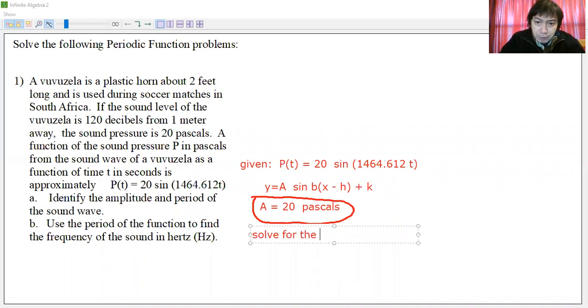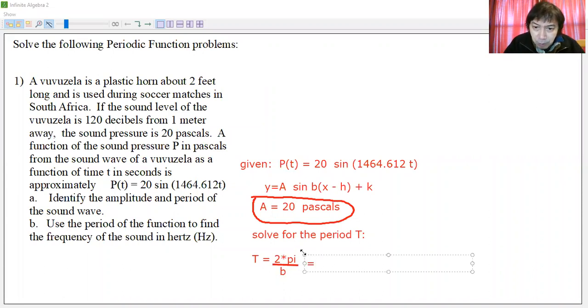The formula for the period T is equal to 2 times pi over b, which is 2 pi over b. We shall use the numbers here.